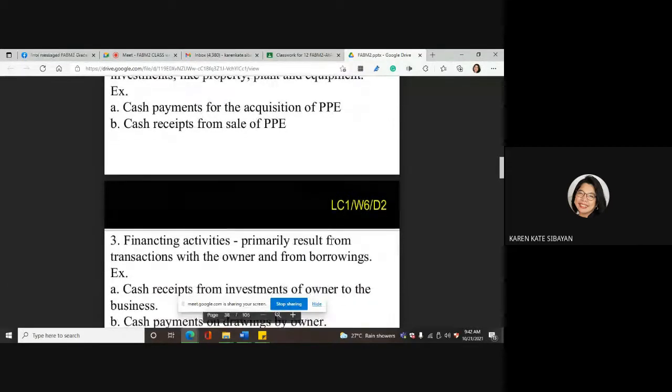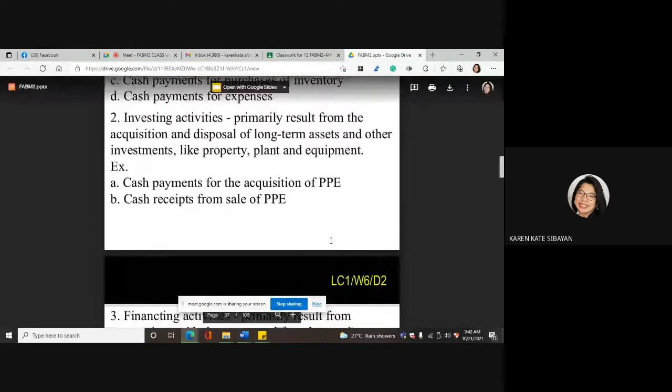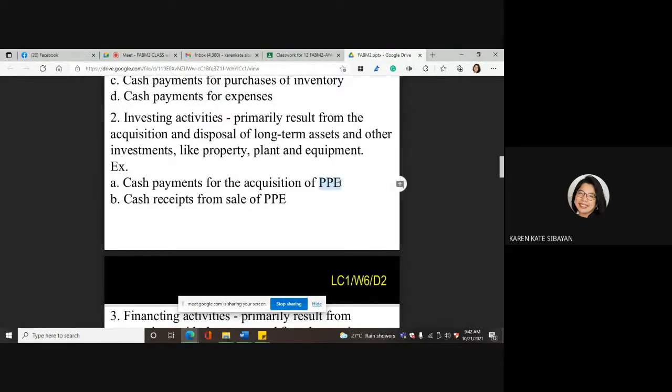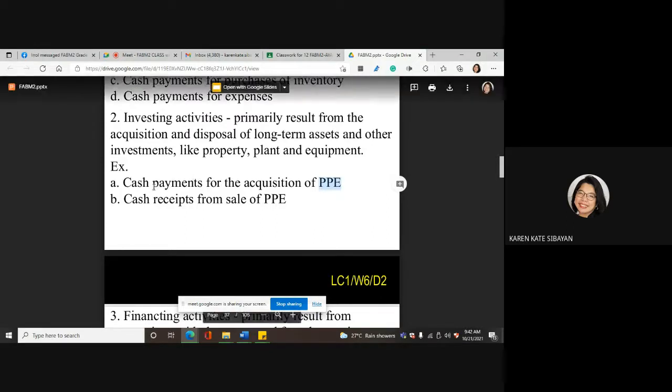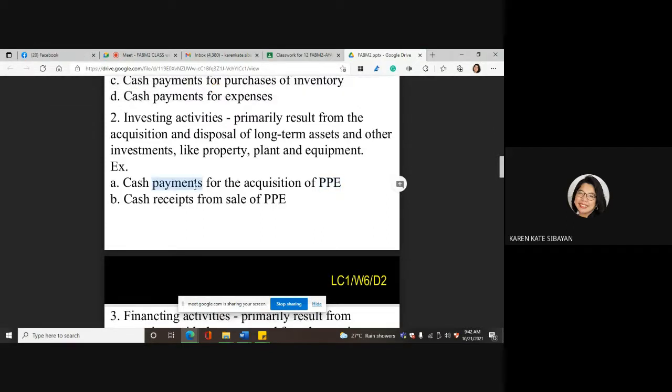So I think the PPE is ito yung ginagamit ng mga pang-protective, mga ganun gear para hindi ka mahawaan kaagad ng COVID. Ayan, di ba? So dito, cash payments. Ibig sabihin, nag-decrease. Di ba? Nag-decrease ang iyong cash.